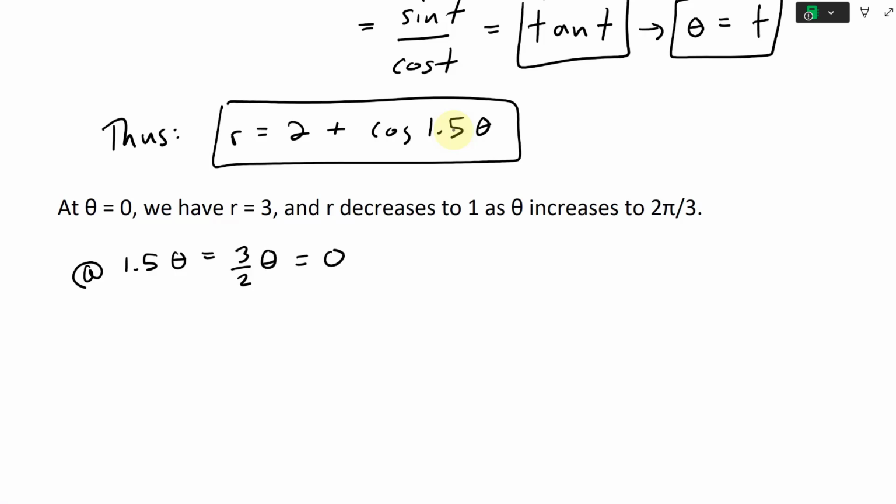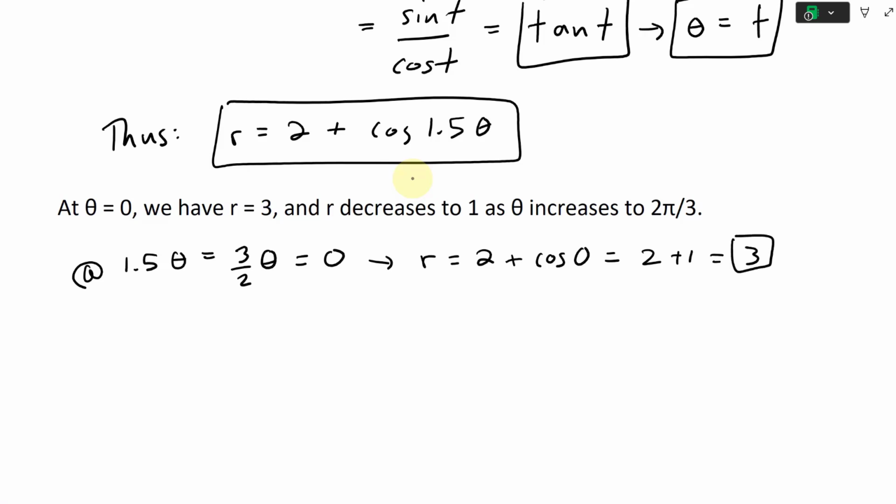When this whole thing is equal to 0, then cosine of that is just 1. Then r equals 2 plus cosine 0, which is 2 plus 1 equals 3. So that is at the beginning.